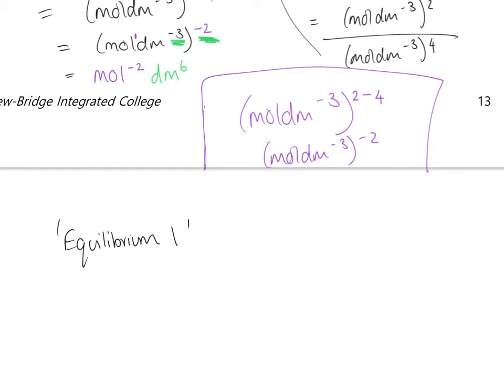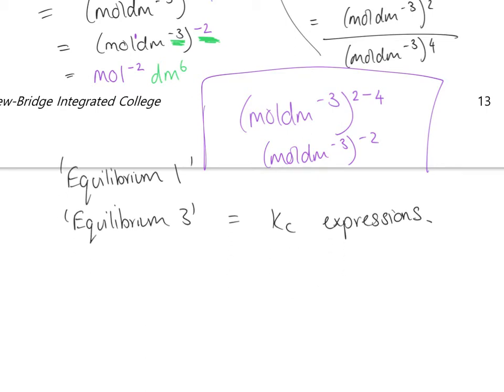But actually, rather than doing equilibrium 1 first, at this point the relevant questions would be your equilibrium 3. And that looks at Kc expressions. What it asks you to do for each case, from question 4, is to write an expression for Kc and state the unit.